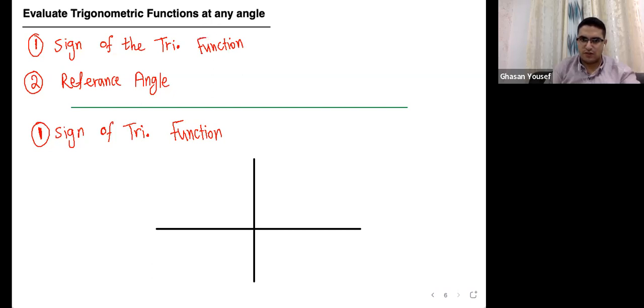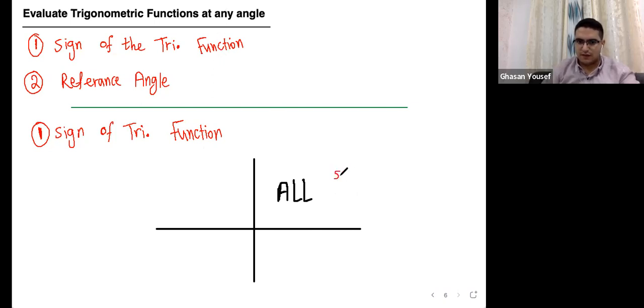I mean all trigonometric functions are positive: the sine function, the cosine, and the tan, and the same thing for the reciprocals. All the functions here are positive, all of them. If the angle is in the first quadrant, then all the trigonometric functions are positive.